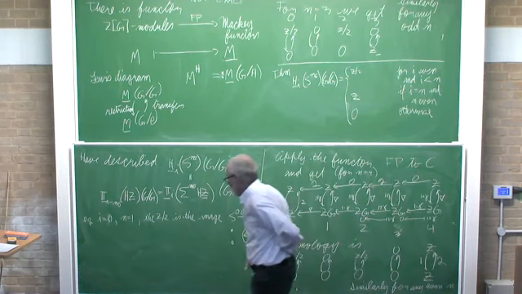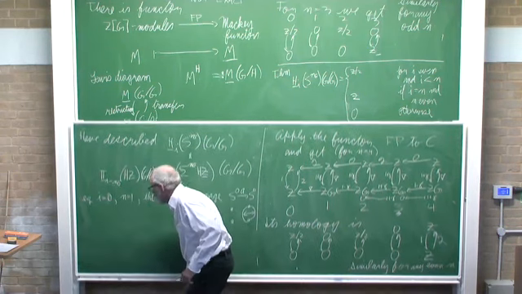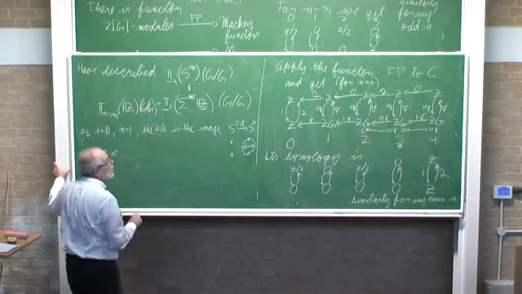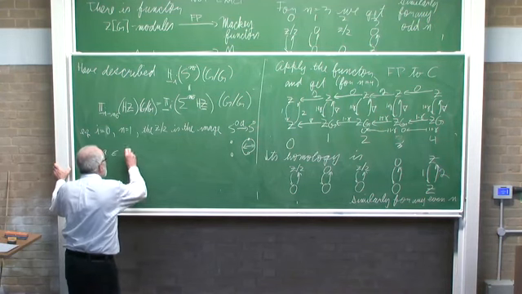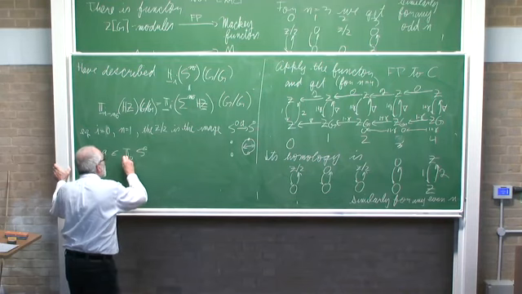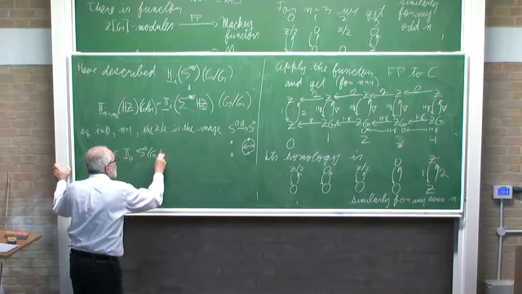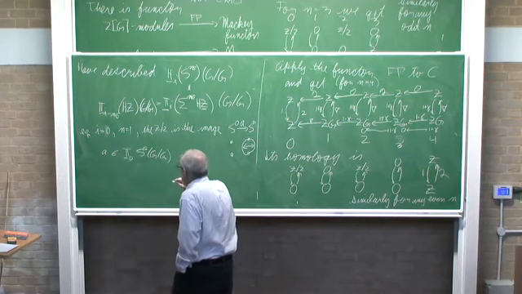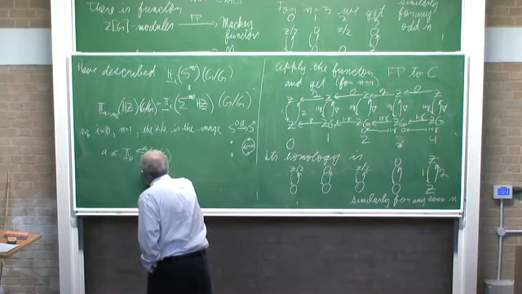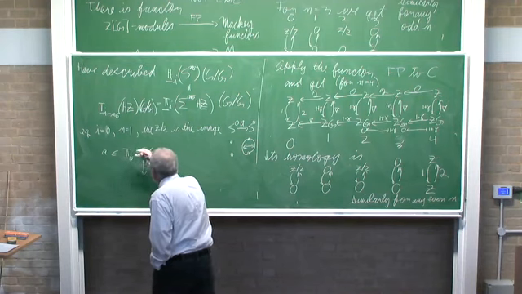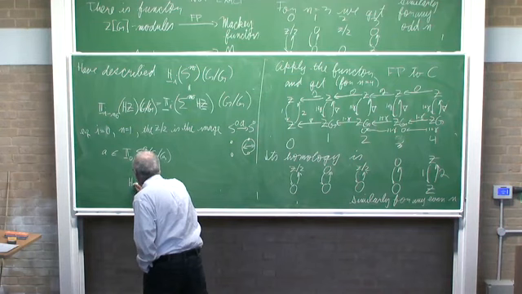A is an element in pi_0 of S^σ evaluated on G mod G. And there's a Hurewicz map from the homotopy of something to the homology. There's the usual Hurewicz map.